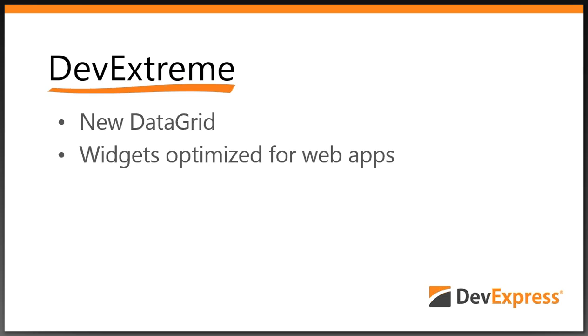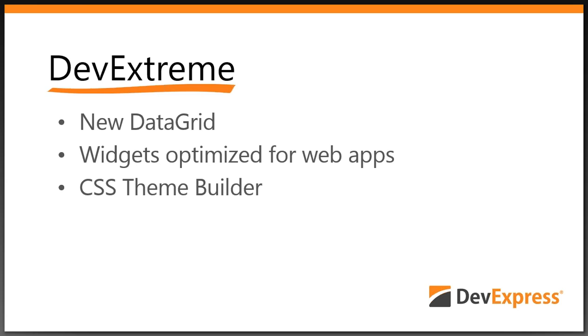What we've done is take all those widgets, leaving the optimization for the mobile side, but also optimizing them for the desktop side. We realize that people are creating web applications for desktop browsers, so your Internet Explorer, Firefox, Chrome, even Safari. So we've optimized these widgets to look good and work well within that desktop environment, so you're thinking keyboard and mouse as well as touch.